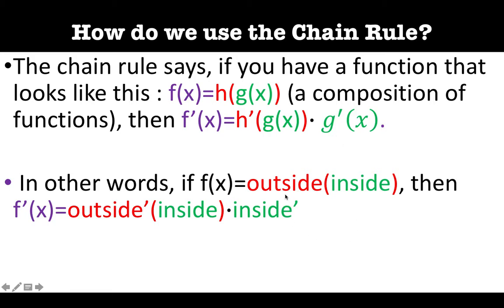In other words, if you have an outside function with an inside function, then the derivative is going to be the derivative of the outer function while keeping the inner one the same, times the derivative of that inner function. So this and this are the same thing. This is just rewritten in case this notation is confusing for you.